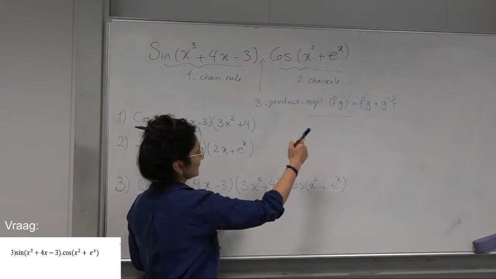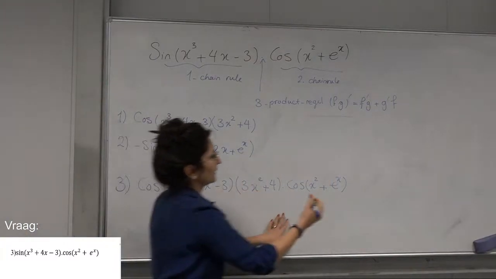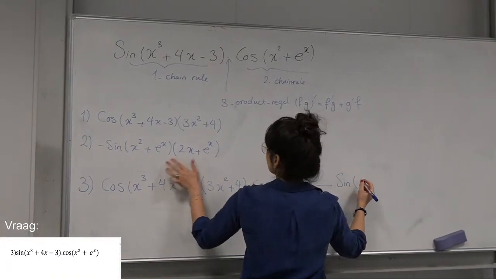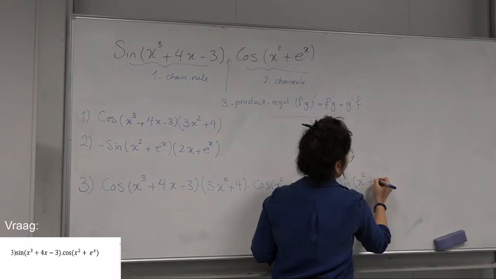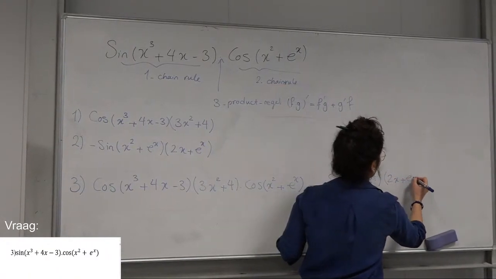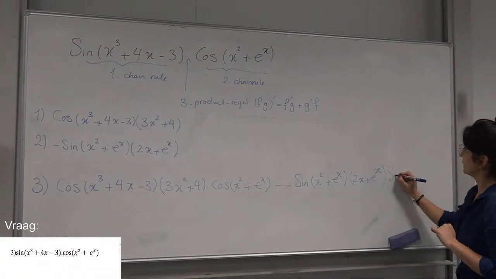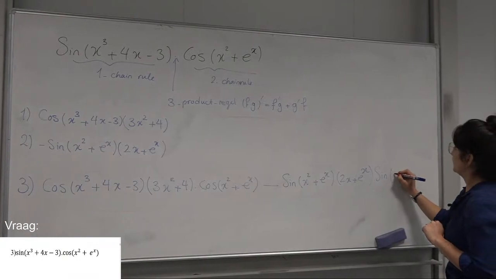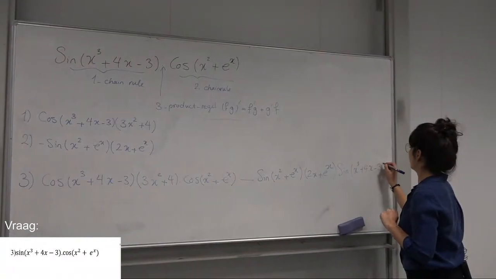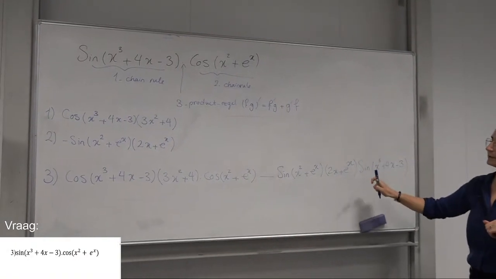And then there's a plus, but because of the sign that has a minus, I'm putting it here. Minus sine of x squared plus e to the x multiplied by 2x plus e to the x multiplied by the original function sine of x cubed plus 4x minus 3. This is the derivative. The final derivative of that function is this.